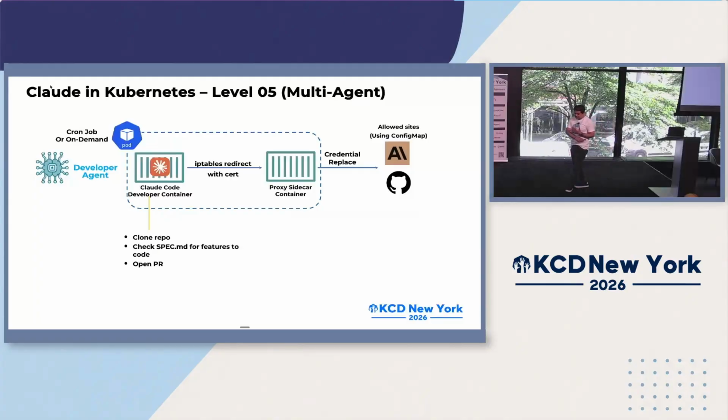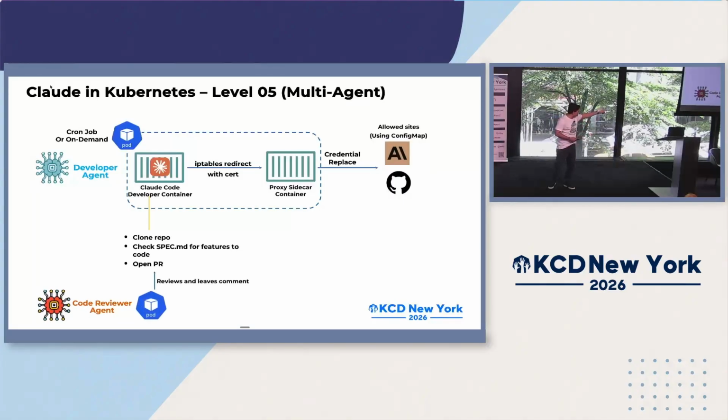So what does that mean? So it means this one will clone repo and code and create a pull request, and we have another agent running in another pod which will review the open PR and leave comment. And it is possible, right, that it will leave some comment and it needs to be changed again, right? Like review code, and finally it is done.